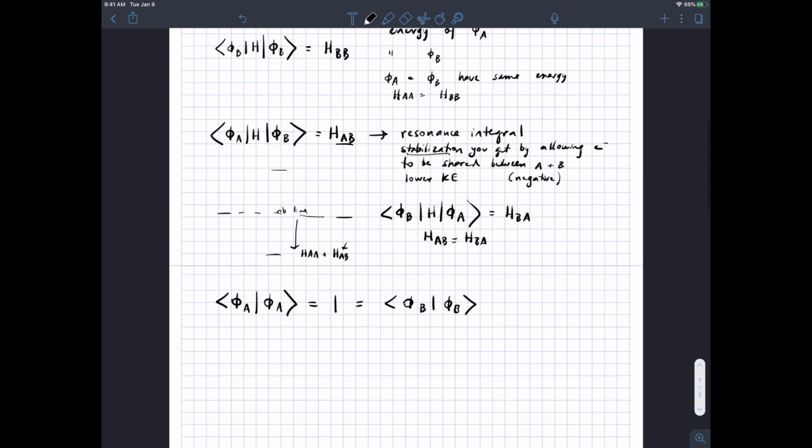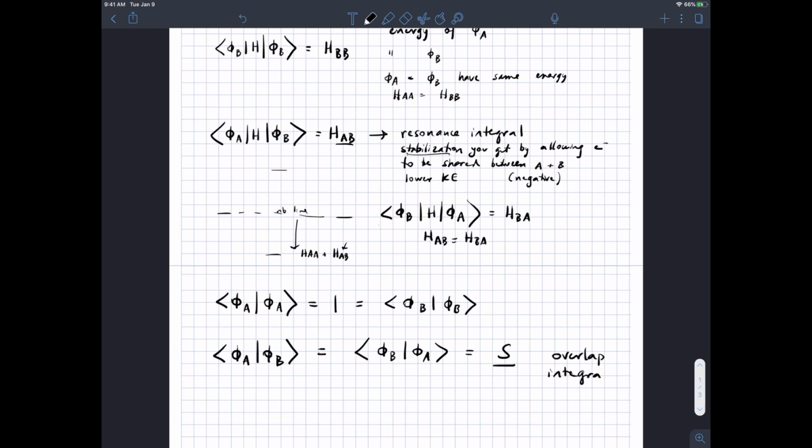So that's the sort of self integral. The next one that we've got to deal with is what is called the overlap integral. This is where you take the wave function A and find its complex conjugate and then multiply it by wave function B, or you could do the same thing the other way. We're going to assume that these are equal. We're going to give it the letter S, and we're going to call this the overlap integral.